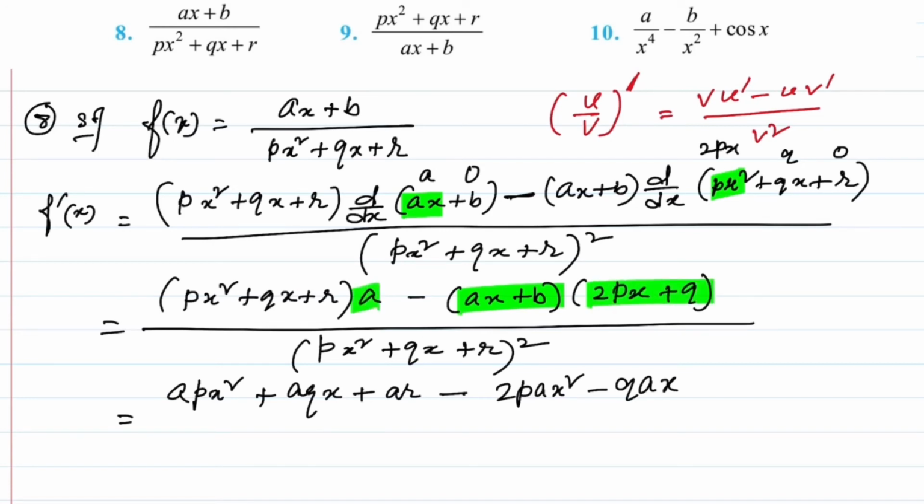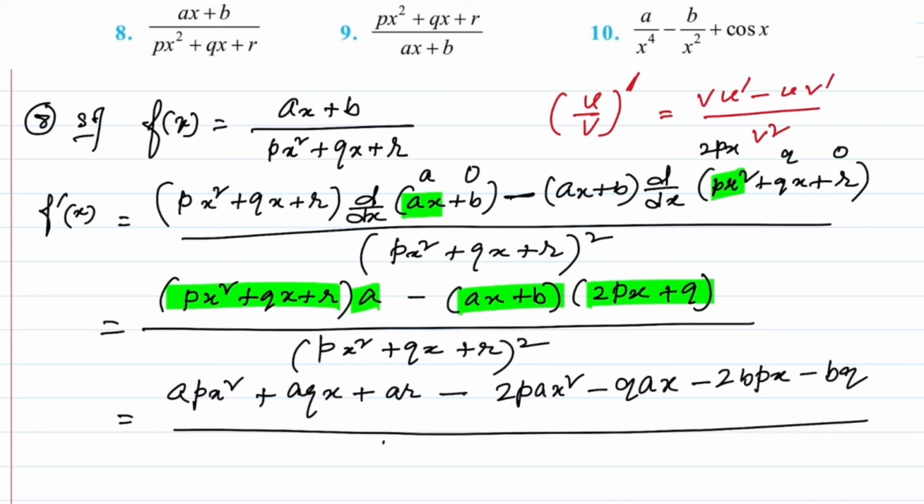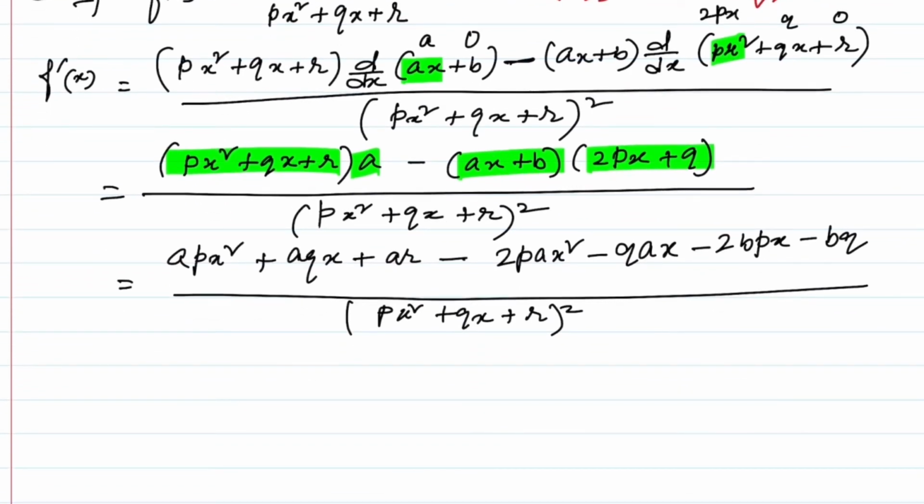If you multiply these two, that's what I am writing here. Sorry, I have left one term, minus 2bpx, then minus bq, by px square plus qx plus r whole square. So let me scroll up the page.